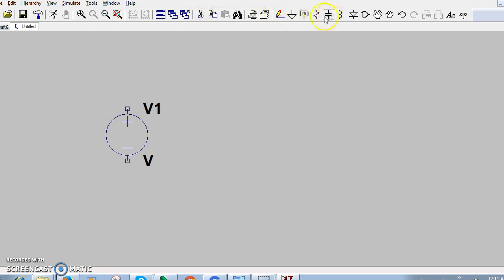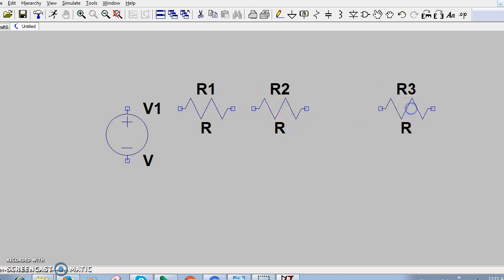We need a resistor. We need to rotate it and hence Ctrl plus R. R1, then similarly R2 and similarly R3. Escape. We need a voltage controlled voltage source.